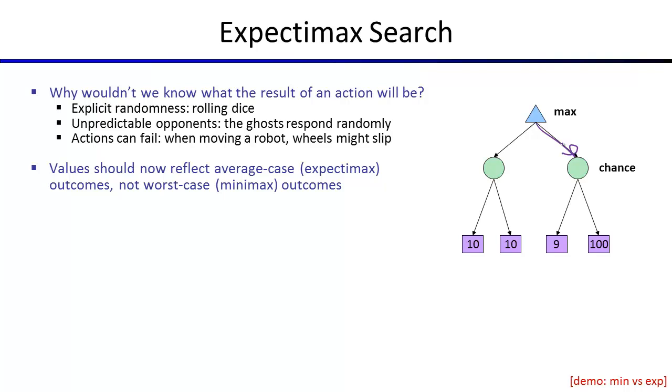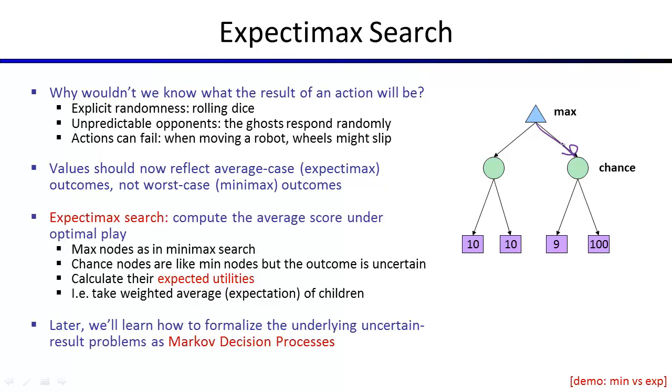Well, maybe it's 9, maybe it's 100, maybe it's some mix, and the only way we really know how to mix numbers in a case like this is to average them, but does that even make sense? So we're going to define something for now and then come back to it later and think about whether or not it's actually the right thing. For now, we're going to talk about values that reflect the average case, or Expectimax value, of a node. So instead of thinking about worst case outcomes, they're going to be average case, and when I say average, I mean a weighted average, and we'll see a little bit more about this in a bit.